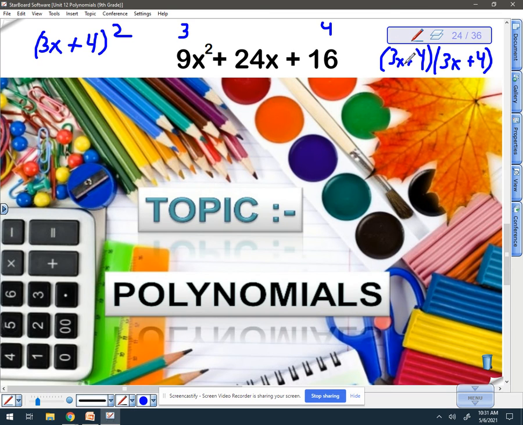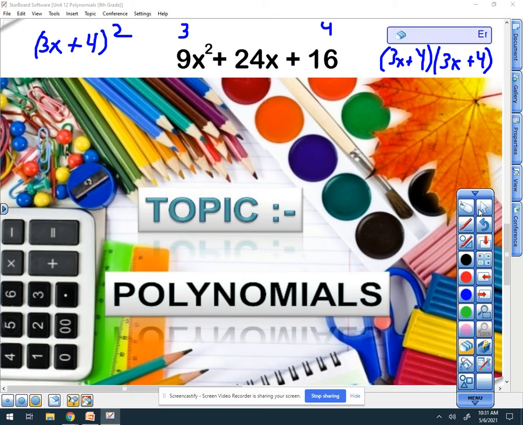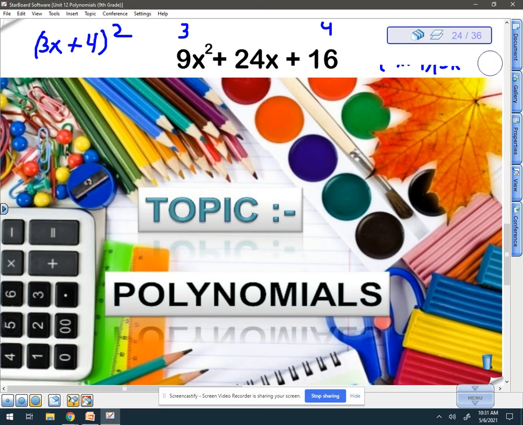You will end up with 3x plus 4 times 3x plus 4, but that is the same thing as this, because it's just saying you have this times itself, which is the same thing as saying that to the second power. So it's a shortcut if you remember to use it, but you won't miss the problem if you forget to use it.